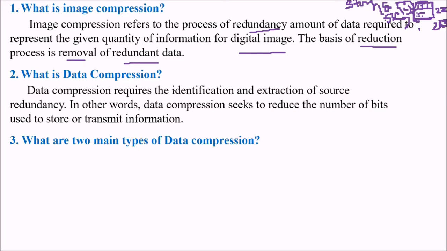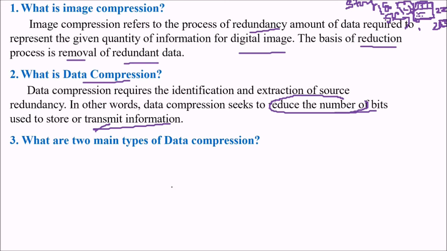Data compression requires the identification and extraction of source redundancy. In other words, data compression seeks to reduce the number of bits which is used to store or transmit the information. So we are interested in storing and transmitting, but for that, if we can reduce the number of bits, then we say that we have done the data compression.